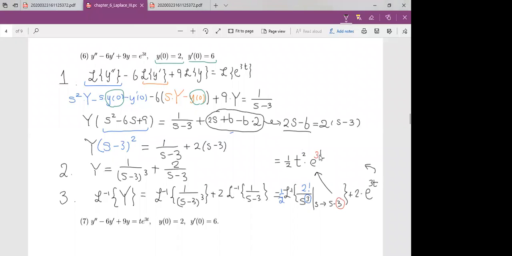The inverse form of the first translation theorem says the inverse of this translated version is the inverse of this input together with an extra exponential function, like this. Okay, plus 2 e to the 3t. That is the unique solution. So we are done.